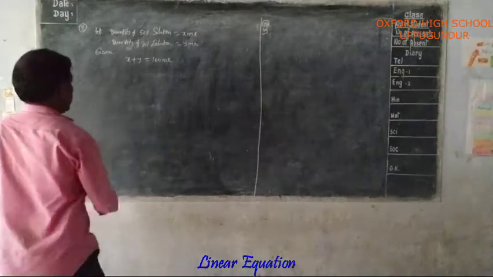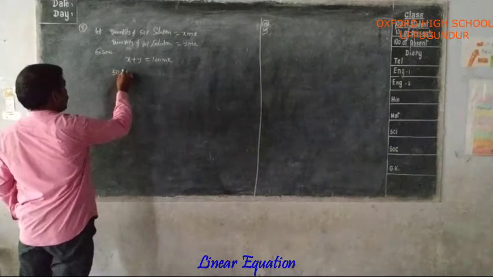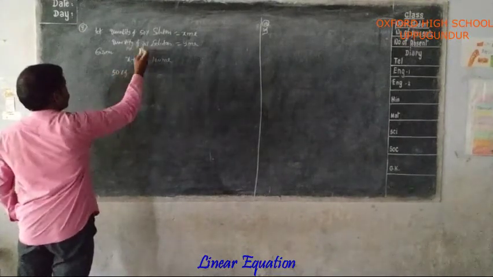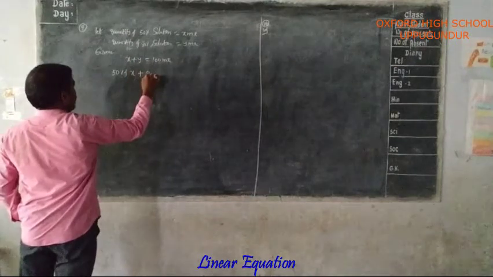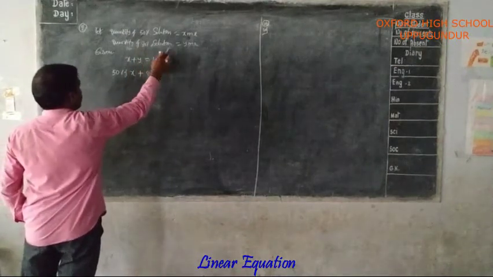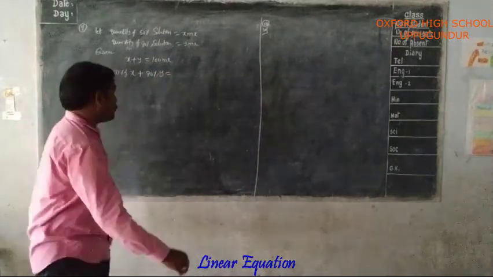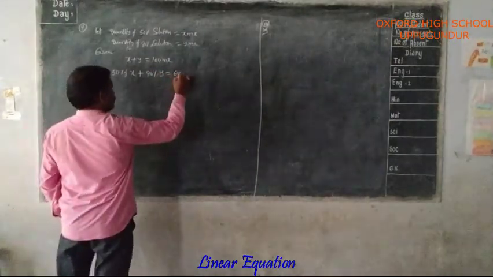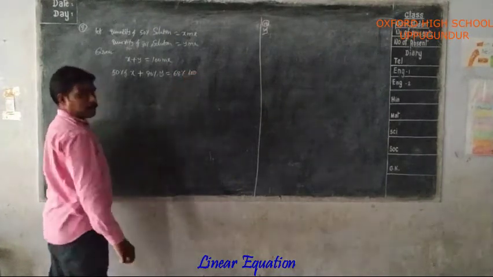So 50% of the quantity of the first solution, x, plus 80% of the second solution quantity, y, equal to how much percent? 68% of 100 ml.